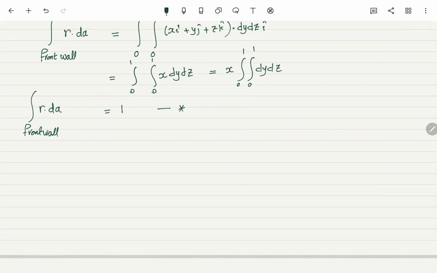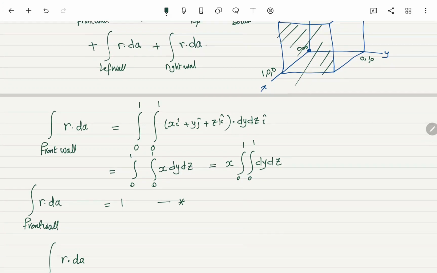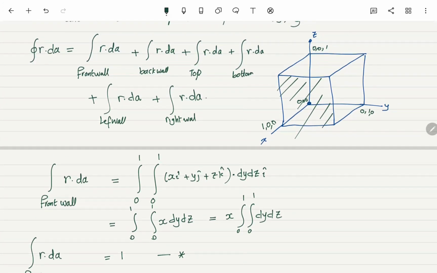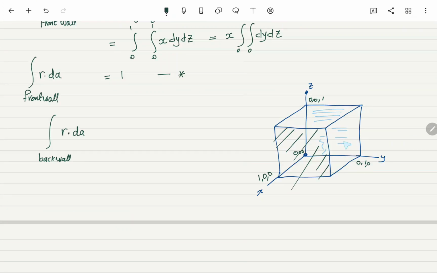Now let's find the integration of r dot d area for the back wall. Let's follow the same procedure. This light blue one is the back wall. The integration of r dot d area is equal to the double integral from 0 to 1, 0 to 1.